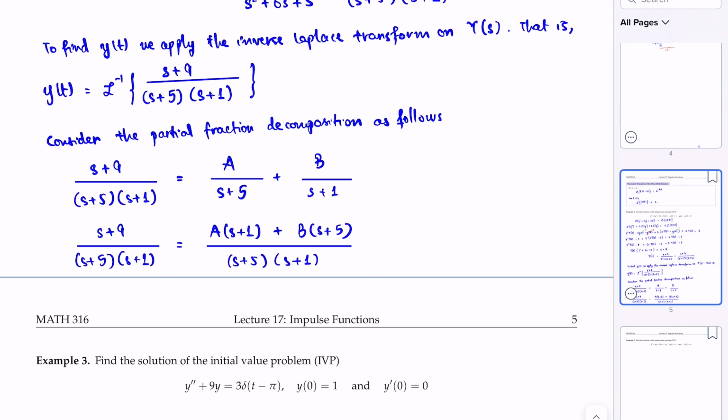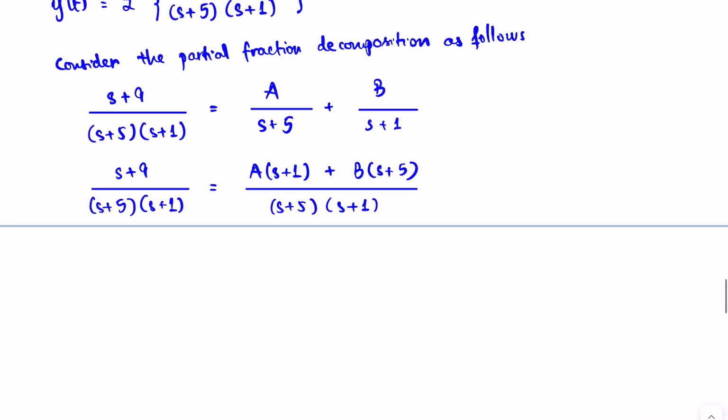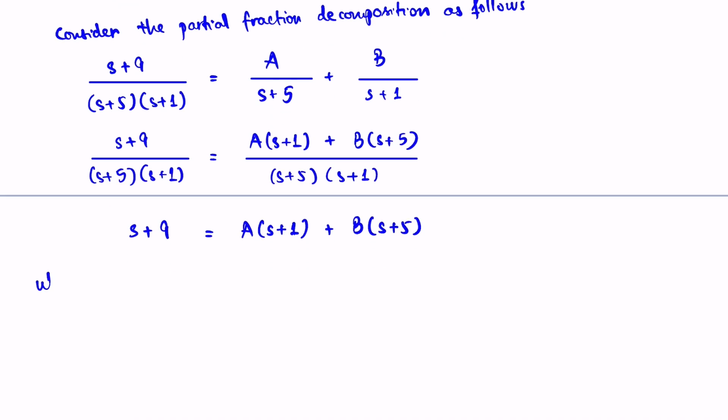Okay, so move to another page. So you just match the numerators together. So you have s plus 9 equal to A times s plus 1 plus B times s plus 5. When s is equal to negative 1, what's going to happen? You have negative 1 plus 9 equal to A times negative 1 plus 1 plus B times negative 1 plus 5.